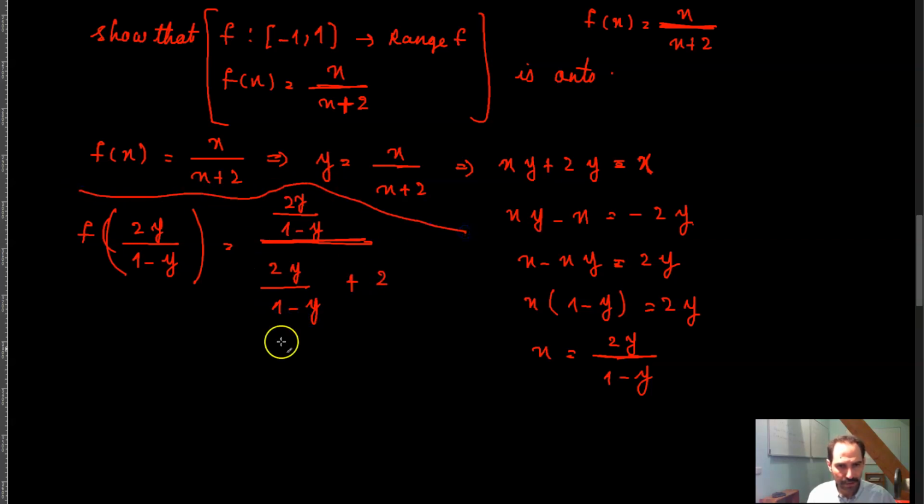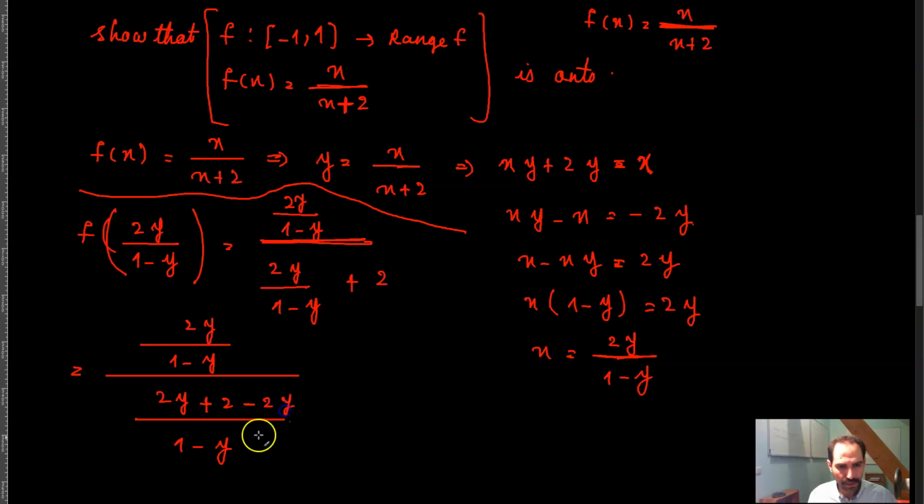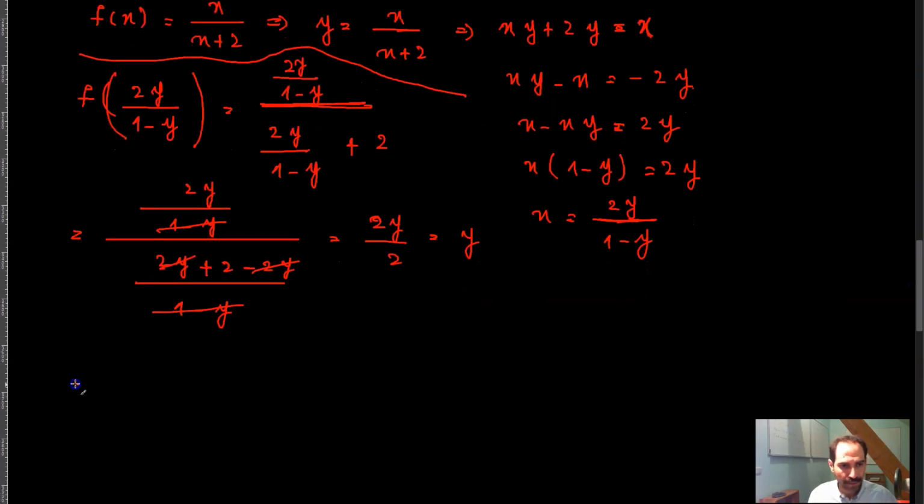And if you calculate this, what you will get is basically the 1 minus y, 2y, and then y minus 1 minus y, 2y plus 2 minus 2y. And these two will be cancelled out. You will have 2y over 2, which is equal to y. Which means that f of 2y over 1 minus y is equal to y.